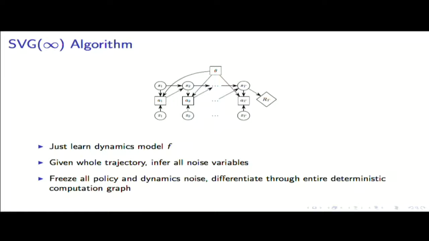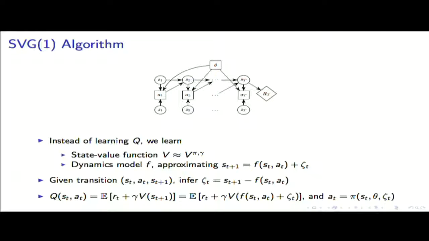And the other idea is you don't even need a value function. So you can just learn a dynamics model and differentiate through the whole path instead of just looking at a one-step rollout. If you look at this expression, we just look one step ahead in time.